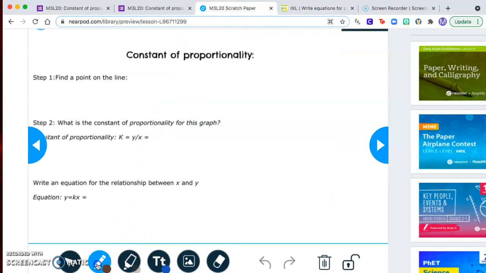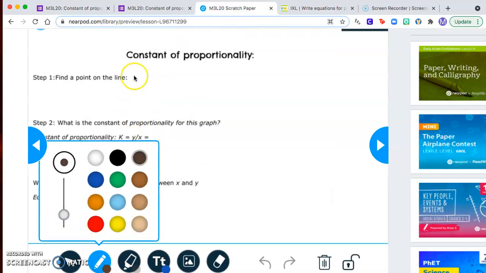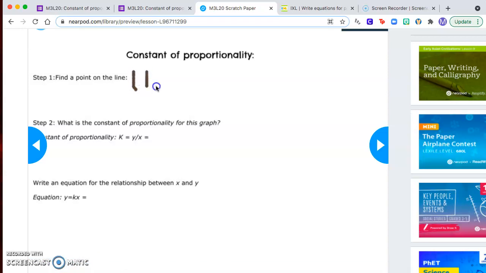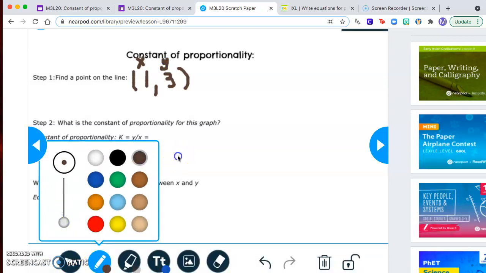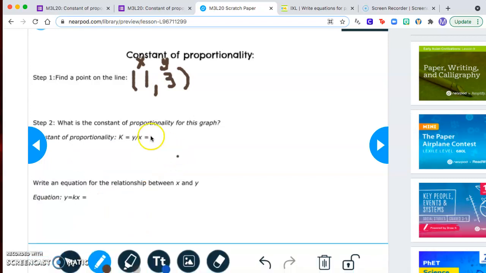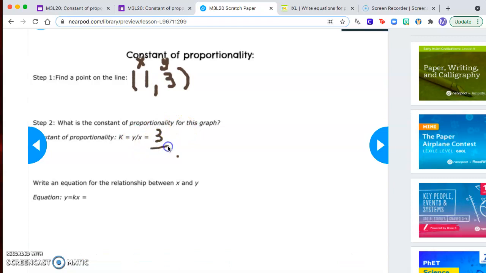So the point on the line is 1, comma 3, where 1 is x and 3 is y. To figure out the constant of proportionality, y over x gives me 3 over 1, which equals 3. So my equation is y equals 3x.